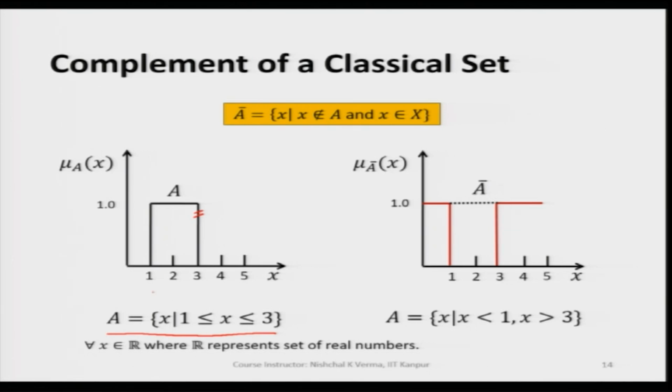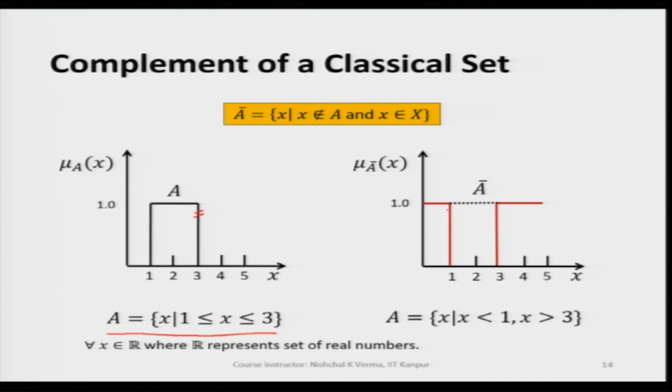Here we see that this is a continuous set. The points starting right from 1 to 3 are covered, and if we have some universe of discourse, we exclude these points and we take all the points which are there in the universe of discourse.